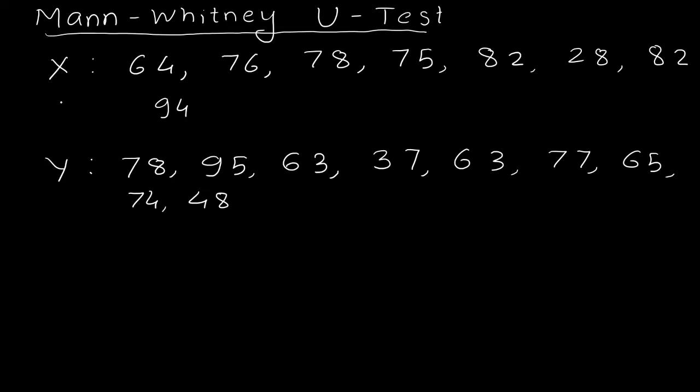That is, these two samples are similar. When we say that two samples are similar, we assume that they have come from the same population, that is, they represent the same population. So that will be my null hypothesis.